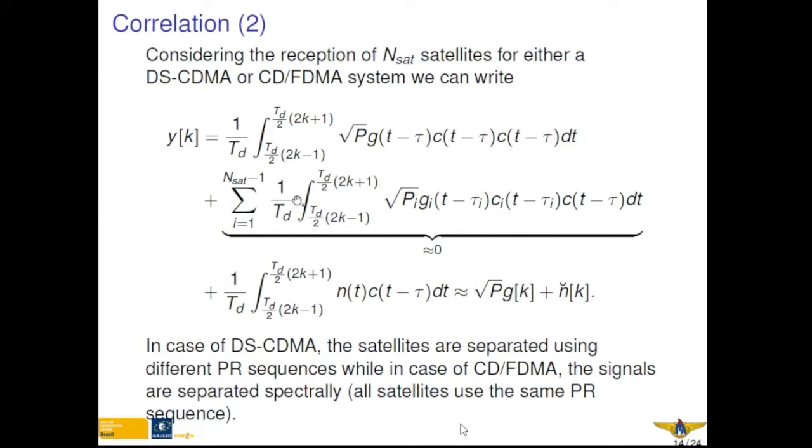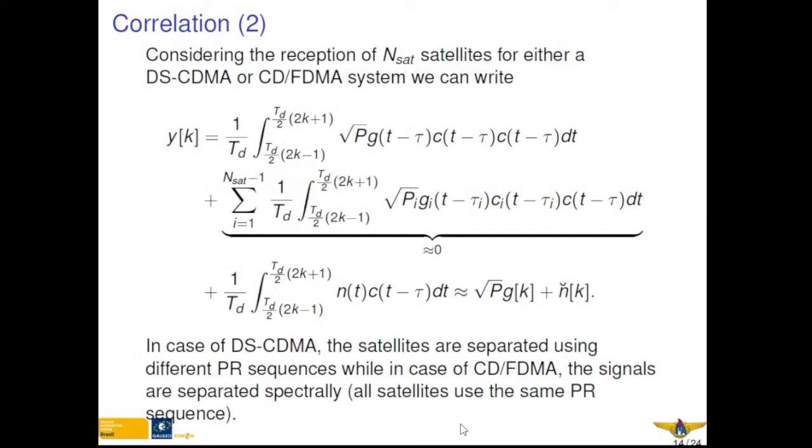And then we also have to correlate with the noise, and at the output we approximately get the data signal G from this satellite of interest, plus the noise as we had before, as if we had received only one satellite. It is approximate because the correlation with the other satellites is only approximately 0.